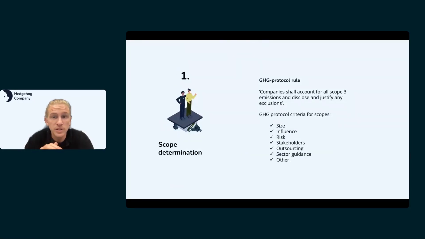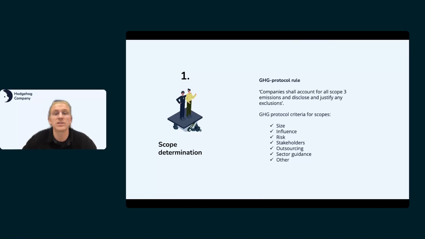The justification of these decisions is also explained in the GHG protocol, and basically there's a list of criteria for whether you can exclude these emission sources. An important one is, of course, the size of the emission source. Another important one is the influence you have as an organization on that scope 3 emission in your value chain, but also the risk that your company is contributing to global warming, and what your stakeholders find important.